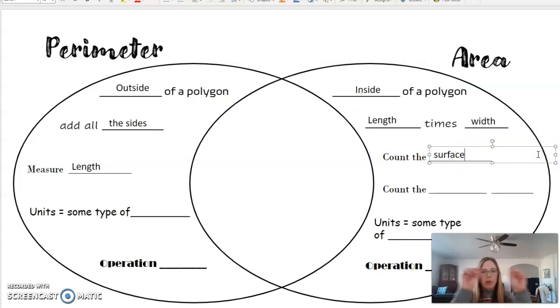So think about the difference of measuring around the TV. If you were going to measure your TV, the difference between measuring around it, if we were going to find the perimeter, and then measuring the inside, the actual screen. So for area, we count the surface. Well, what does that mean, count the surface?